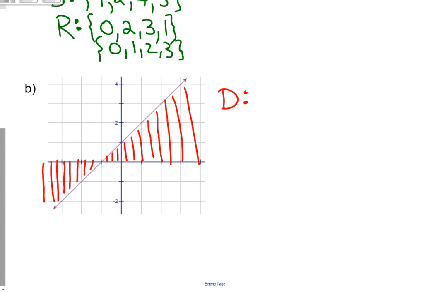And because of that, we say x is allowed to be anything. But of course, there has to be a mathematical way to say x can be anything. And the way we say it is x, and then we use this symbol, it looks like a C with a little line in the middle. It's called an epsilon. It means x is an element of, and then let's do our real number symbol.